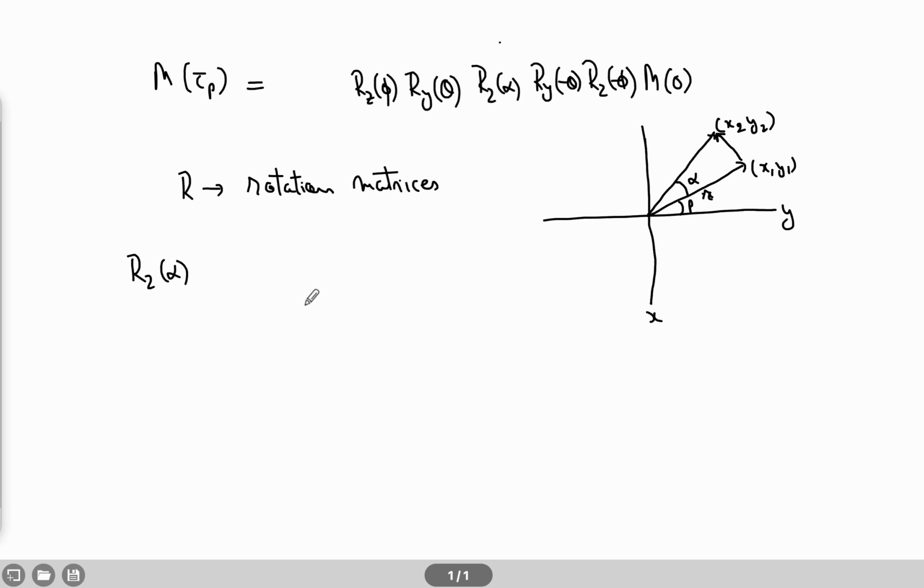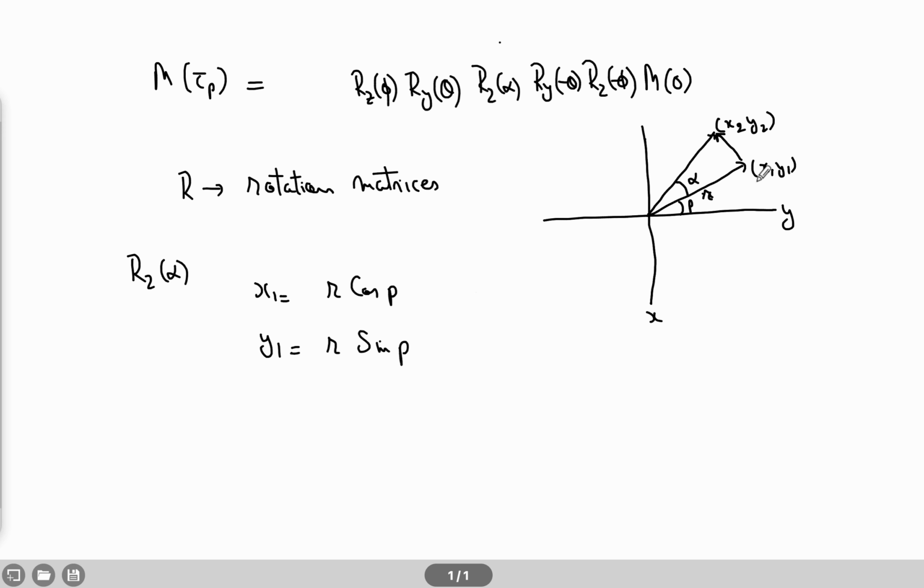Let us first write x1, y1 in terms of these angles. x1 can be written as r, the length of this vector, cos p, and y1 as r sin p.